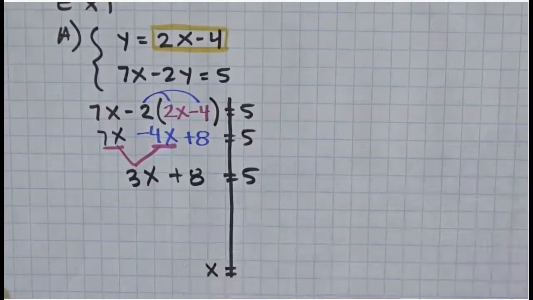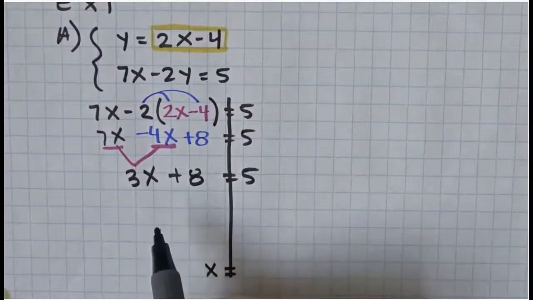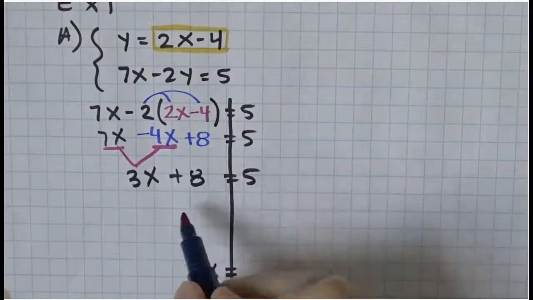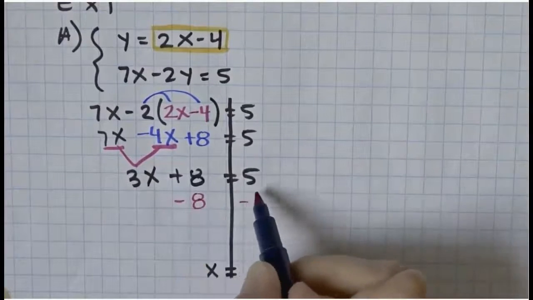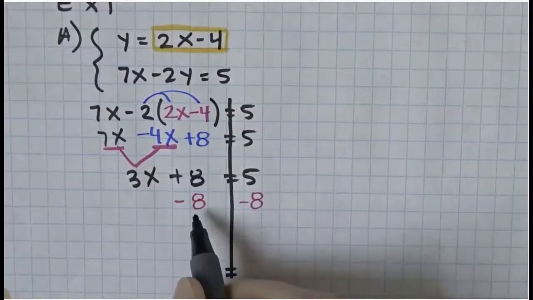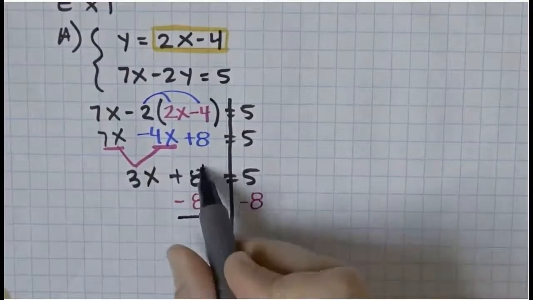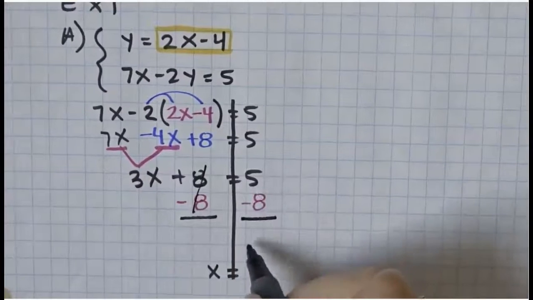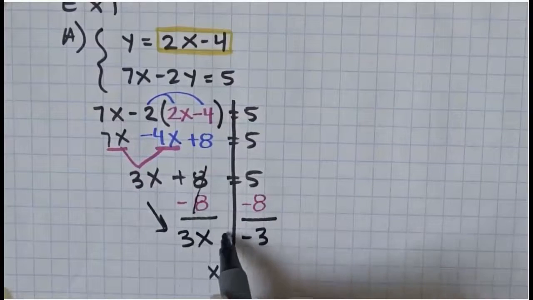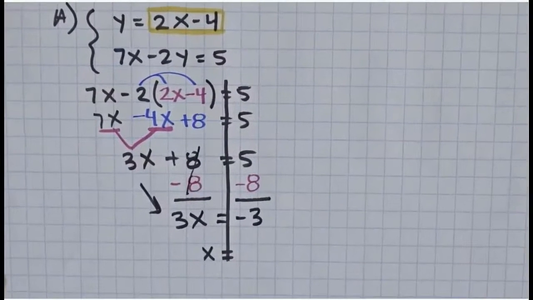And now I'm trying to solve it. The inverse operation of addition is subtraction. Subtract 8. And then now I'm going to get 0 here, negative 3 here. I'm going to bring down this 3x. Almost there.